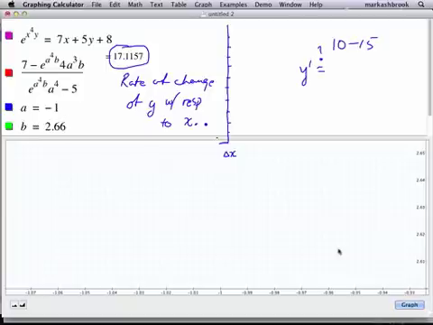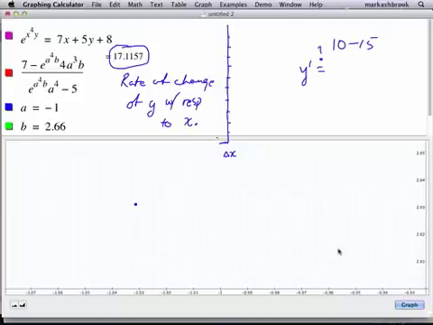Not greater than, times. Right. So, Marcus, say it. Changes in y are 17.1 times the changes in x.